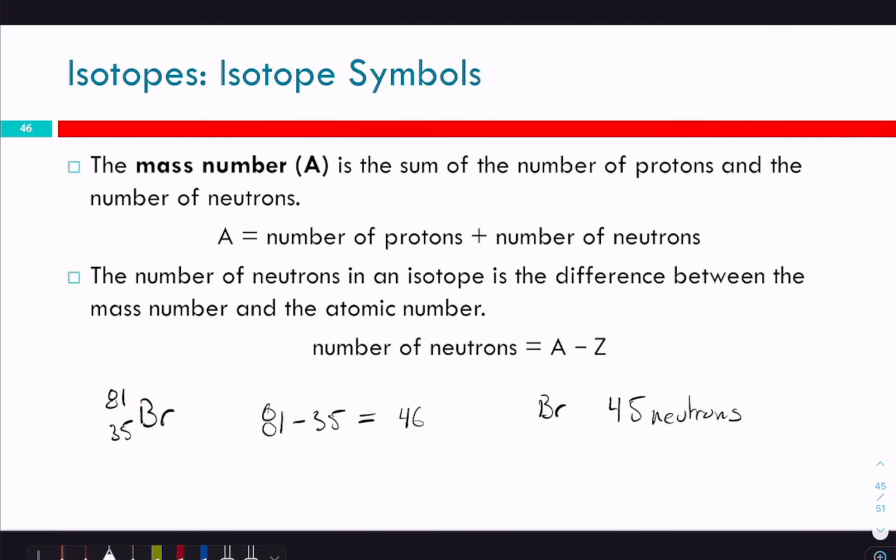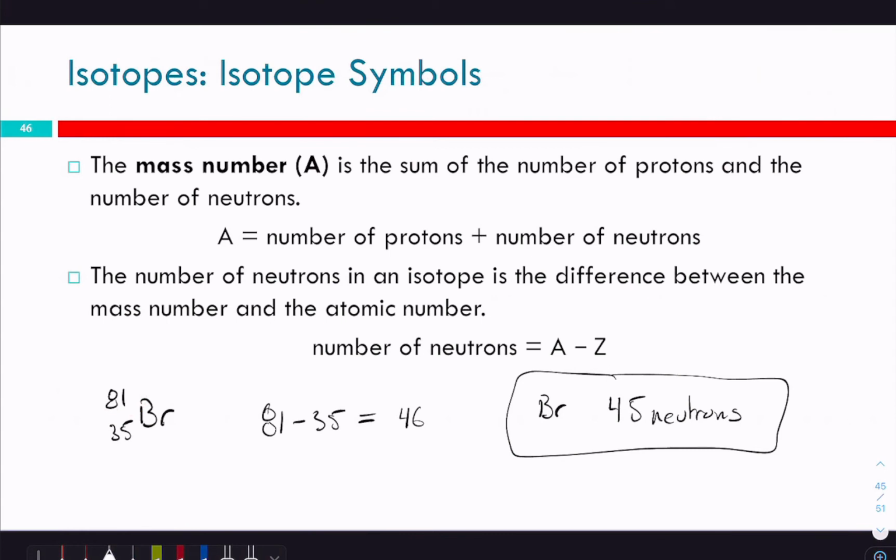If I gave you this information, you'd have to look at the periodic table to get the atomic number. 35 plus 45. Add them together, because that will give you the mass number, the number of protons plus the number of neutrons. But 35 plus 45 is only 80.